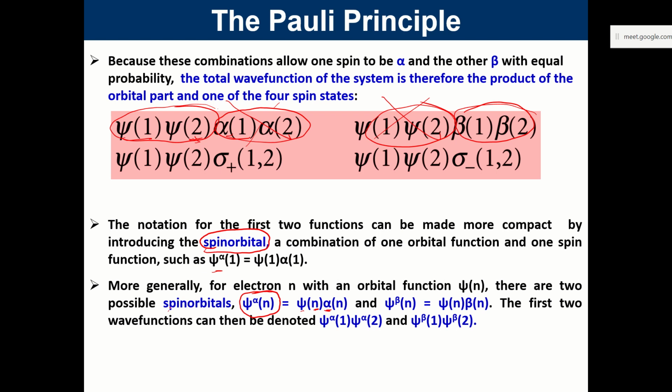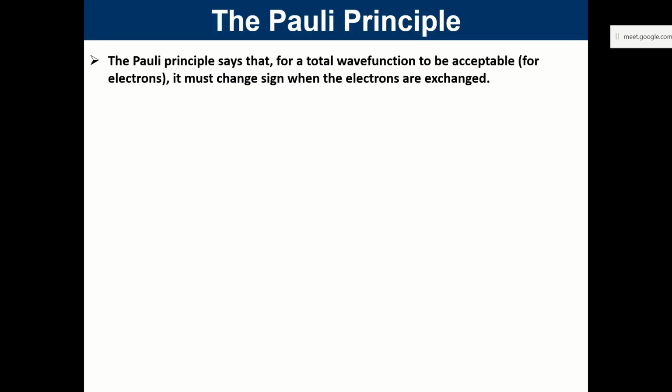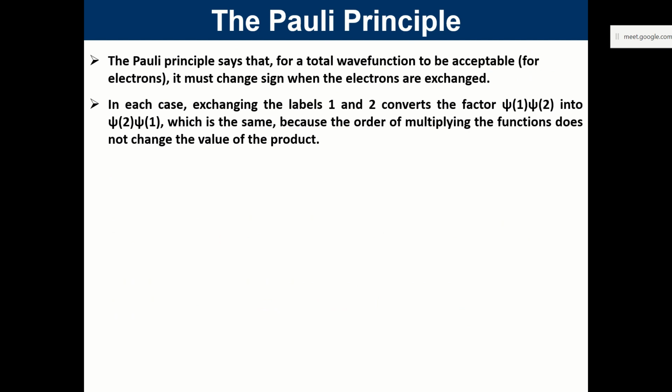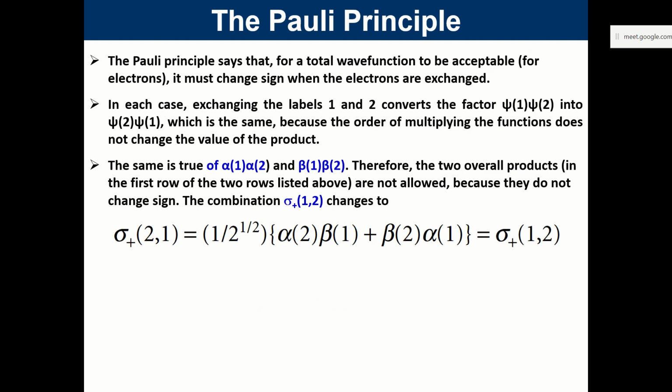We call it spin orbital notation. Then for beta spin, you give a superscript of beta, and within brackets write the numbering of the electron: 1, 2, 3, like that. That's what we discussed yesterday, and we are moving forward.